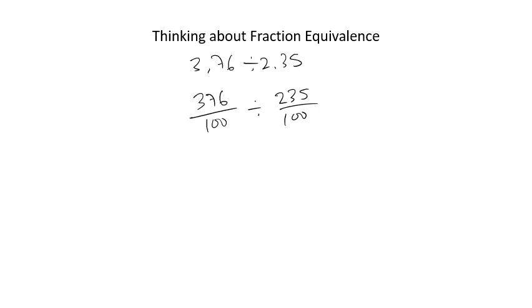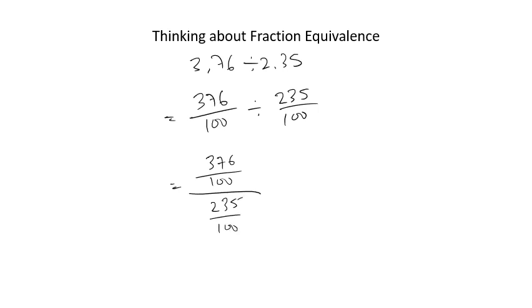Now we also know from section 6.1, I believe it was, that a fraction and division are essentially the same thing. So I can write fractions as division, division as fractions. So I'm going to take this division problem and convert it into what's called a compound fraction, which means I have fractions in my fraction.